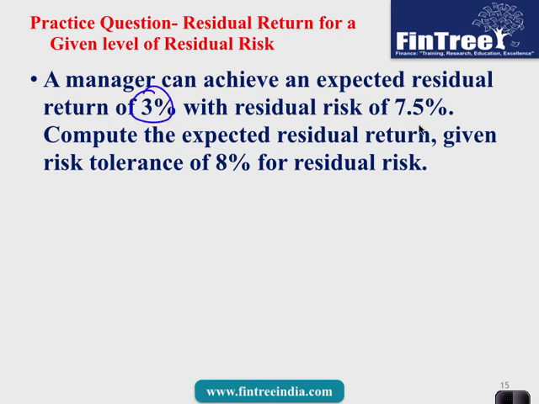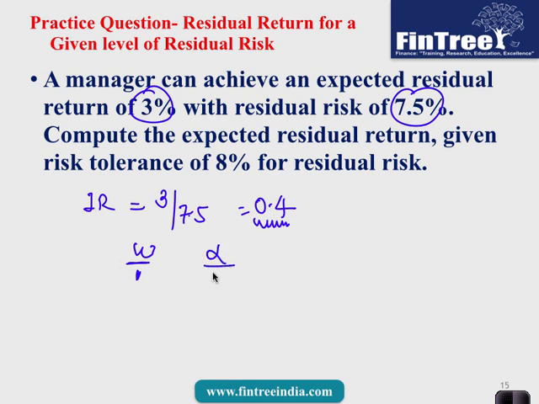With this data, we will calculate the information ratio of the manager, which would be 3 divided by 7.5, which is 0.4. And we know that this information ratio remains constant irrespective of the risk you take. So if you take a risk, omega, of 1, then you are looking at alpha of 0.4.